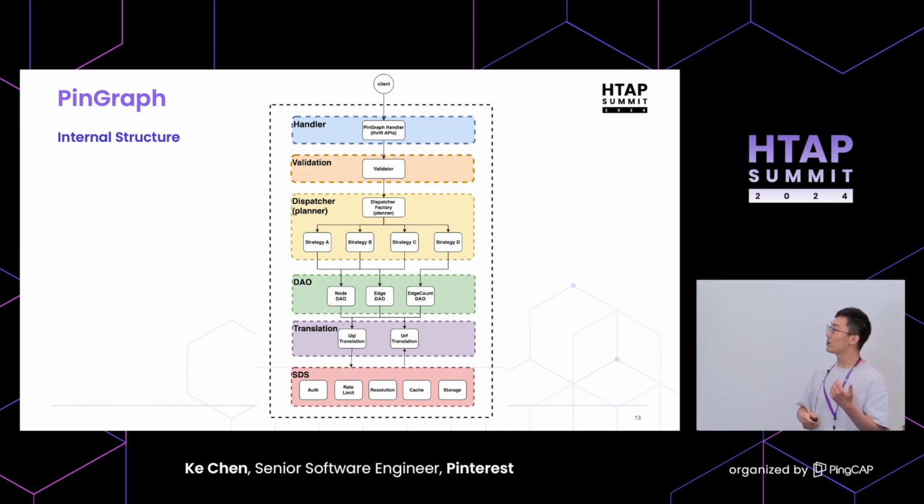Every request has to go through a couple of stages before it can reach TiDB. At the top, the request is hitting our handler layer, which is the first stop of our Thrift API. And by the way, every service at Pinterest is using Thrift today, same with PinGraph as well.